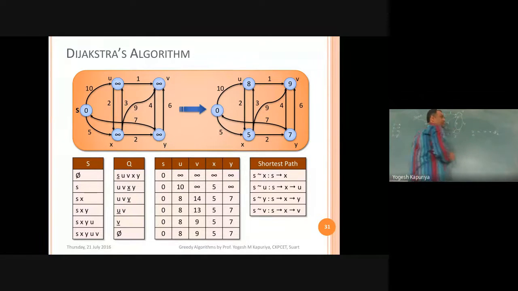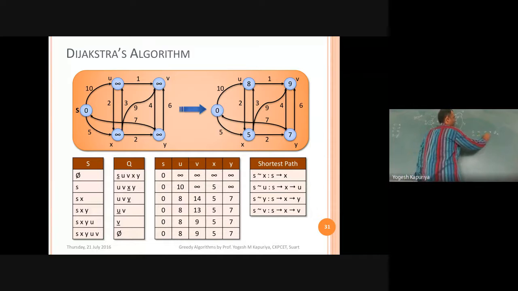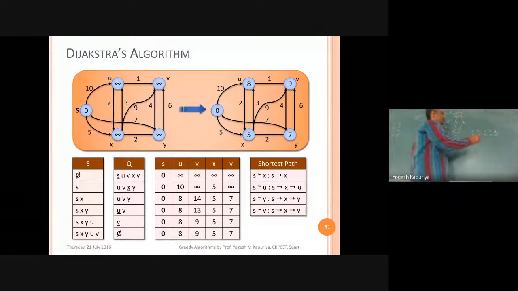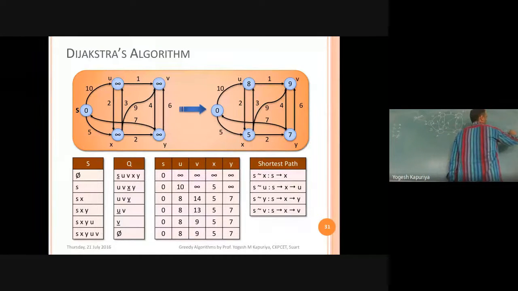Initially, the distance from source to source is always going to be 0 because we are actually referring to the same vertex. And then initially we assume that they are not connected, so the distance is infinite. Everything will be pushed inside a queue. So now we are again maintaining a priority queue.